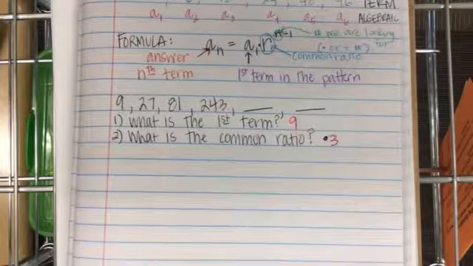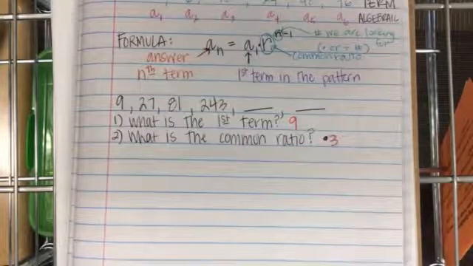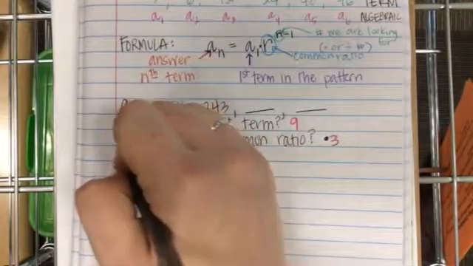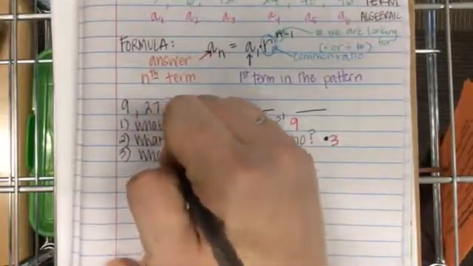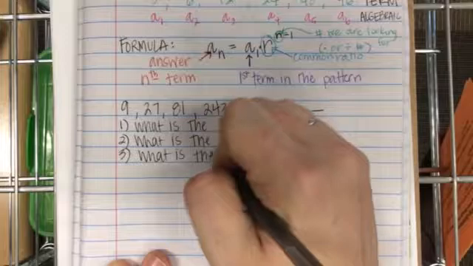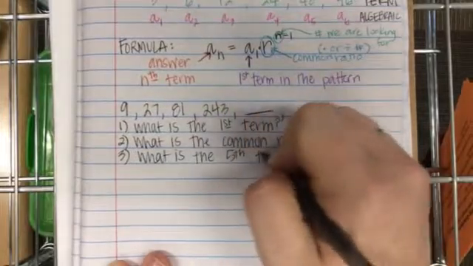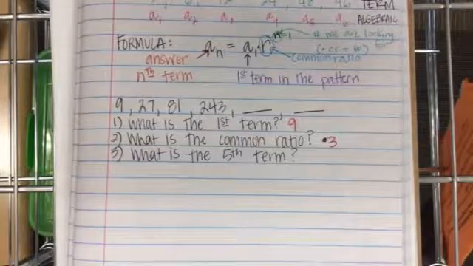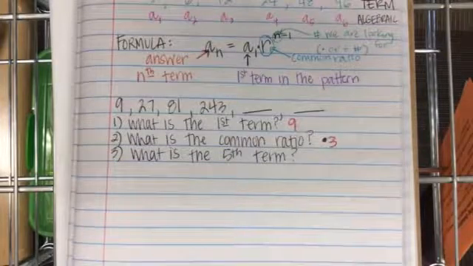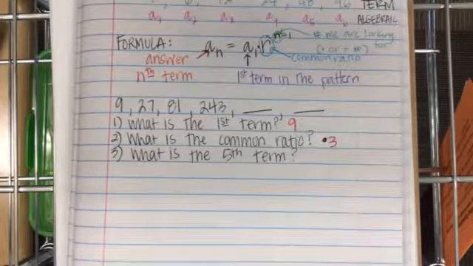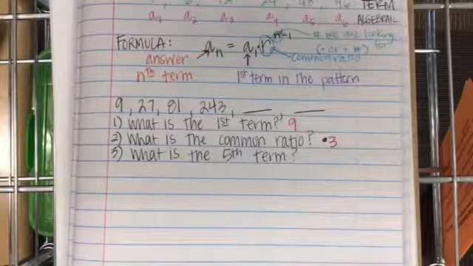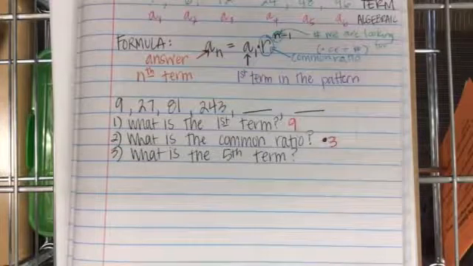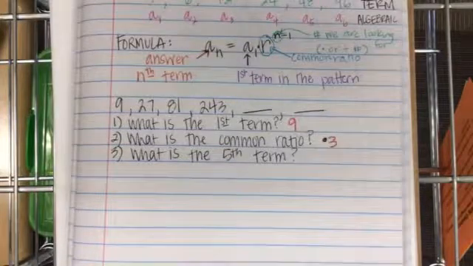This one you could divide if you wanted. What is the 5th term? How do you find the 5th term?